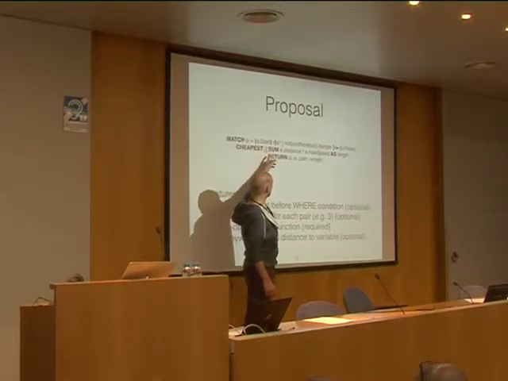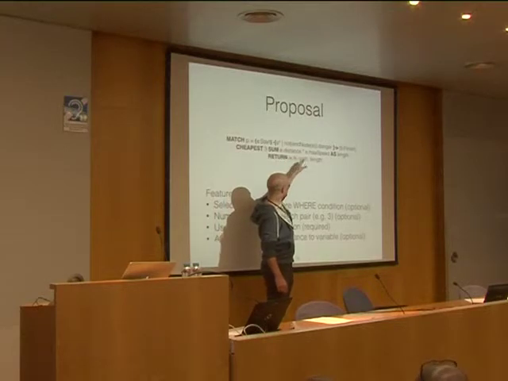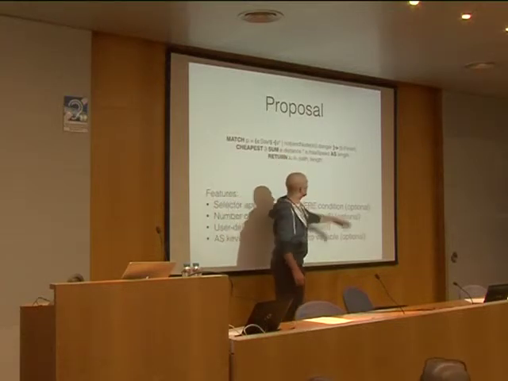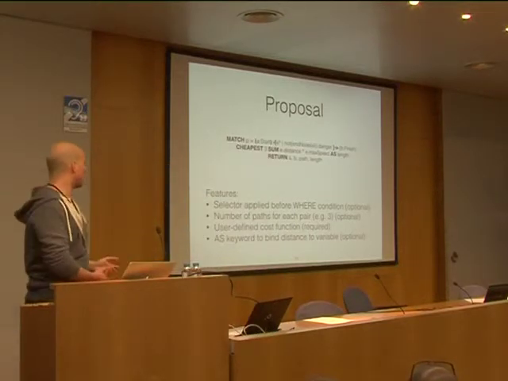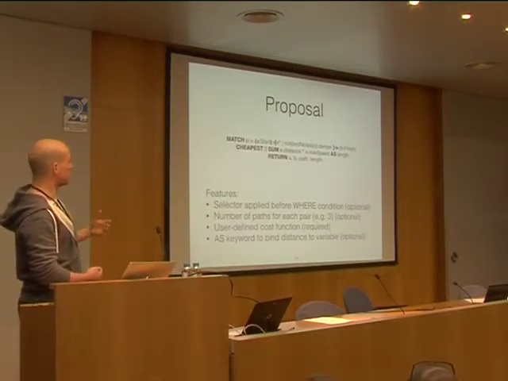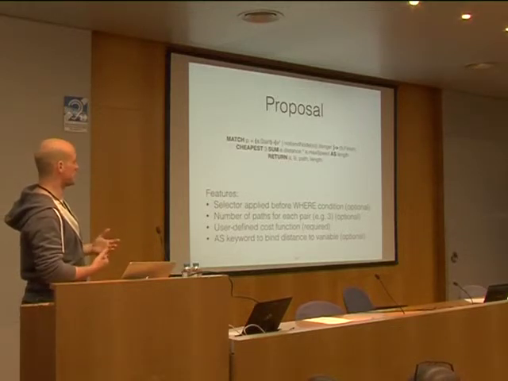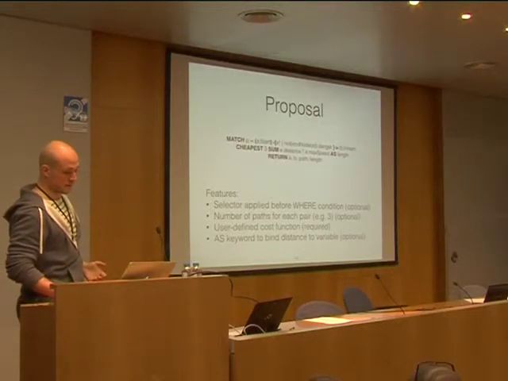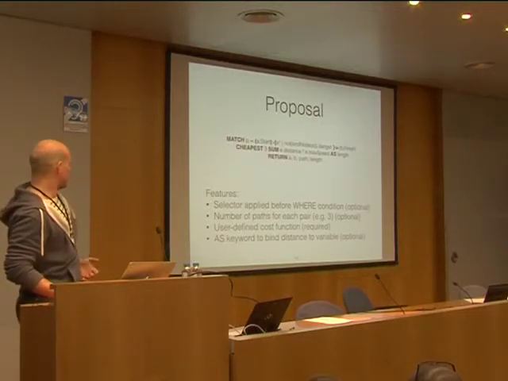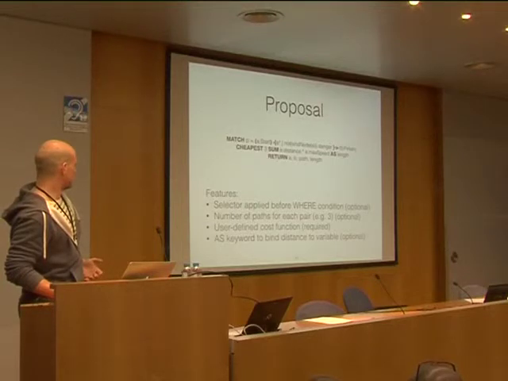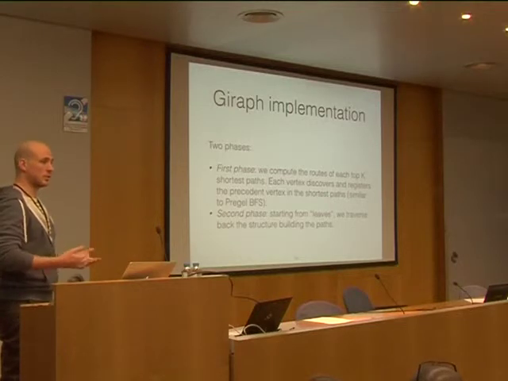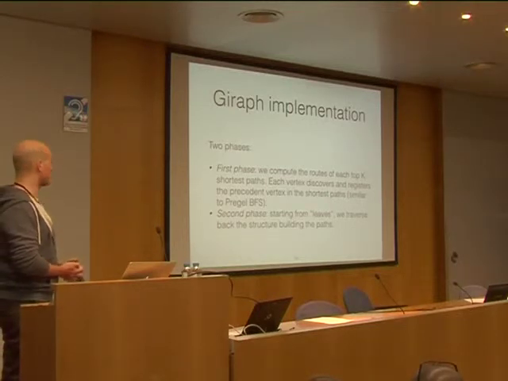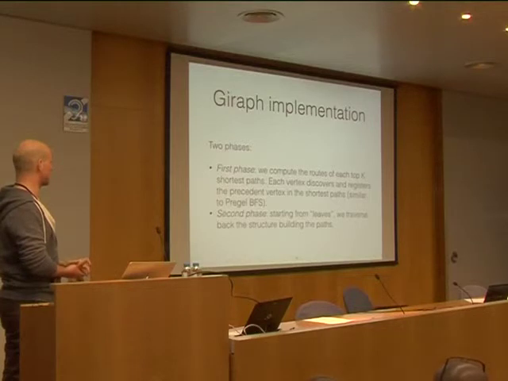So we want the three cheapest ones, and the cost function is the distance and the speed at which you can traverse that road, and you can also request the cost of the shortest path to be bound to the length variable, and return all of this. This should be all there is to know about this extension. This is a work in progress, and we can discuss what you think is more reasonable and useful for such an extension.